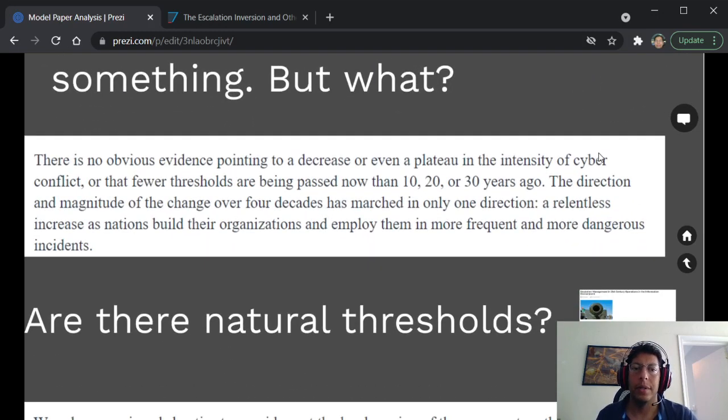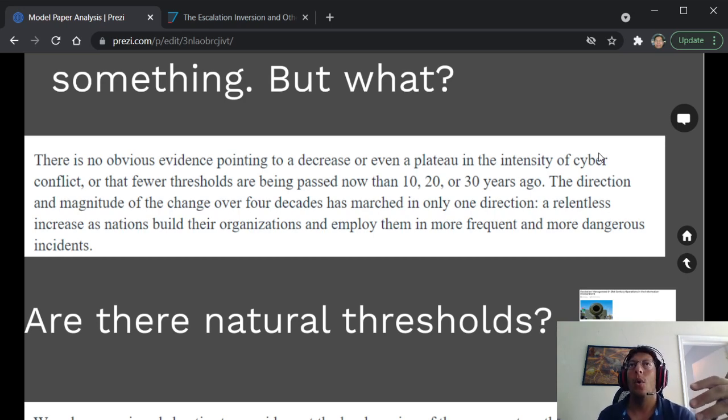Are there natural thresholds to cyber escalation? That is a question you're going to ask yourself when they say that there are fewer thresholds being passed now. They're saying the magnitude has marched in relentless increase, but they're not saying that that increase is due to escalation. That's the missing link. The increase could simply be due to more value, right?